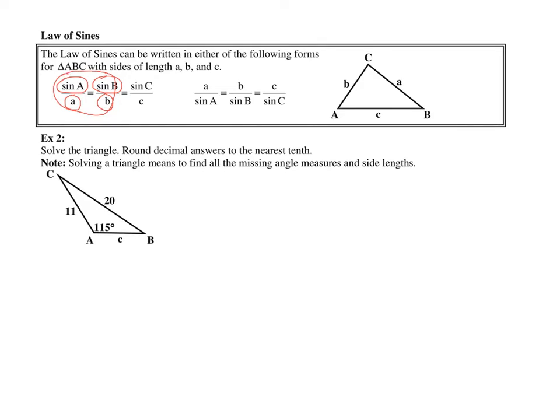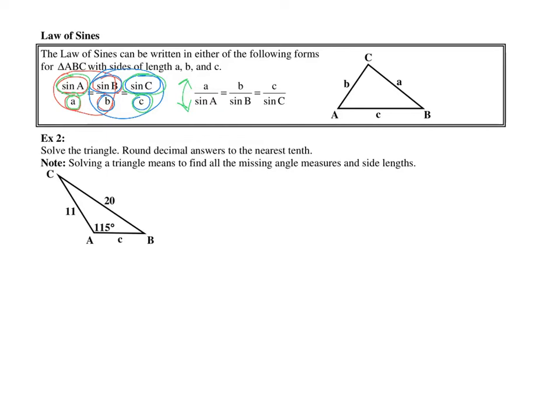Or you could do sine of angle B over length B is equal to sine of angle C over length C. So you only use that. Or you could do this, sine of angle A over side length A is equal to sine of angle C over side length C. Or you could reverse everything and you'll still get the same result.